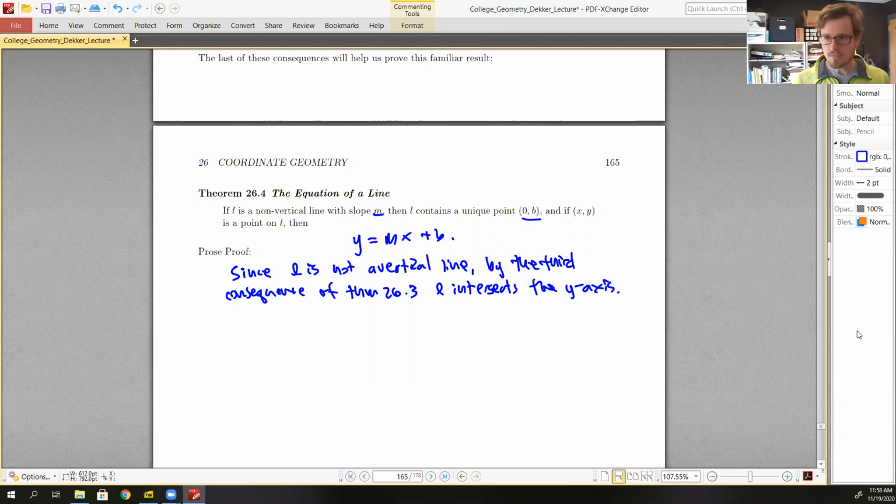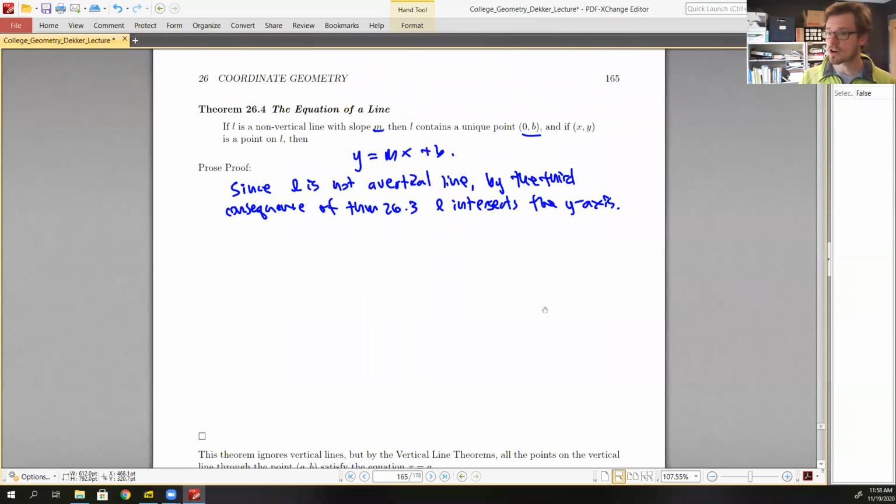Excellent. But intersection points of lines are unique, right? If it's not the same line, they only have one point in common. So intersection points are unique.